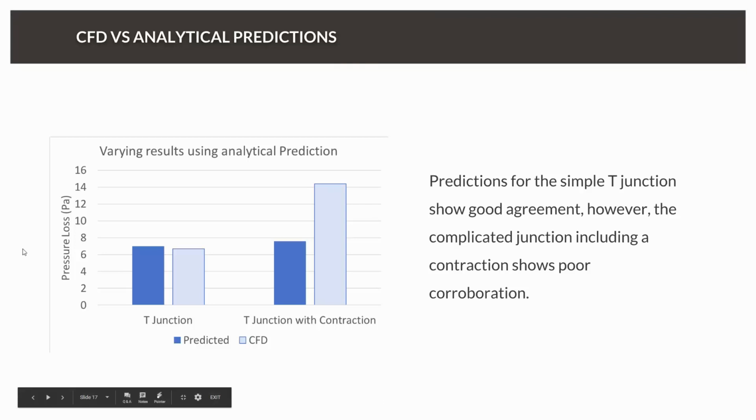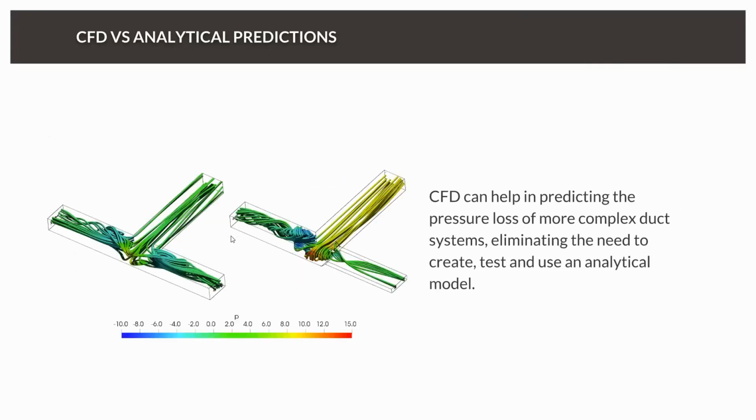Yes, this is what I already showed you. As long as we have small changes and small interactions, we have a good agreement between the analytical results and the actual results, which can be simulated very precisely using CFD. And once we have some changes and complications like this contraction in the T-junction, the analytical models start to fail.